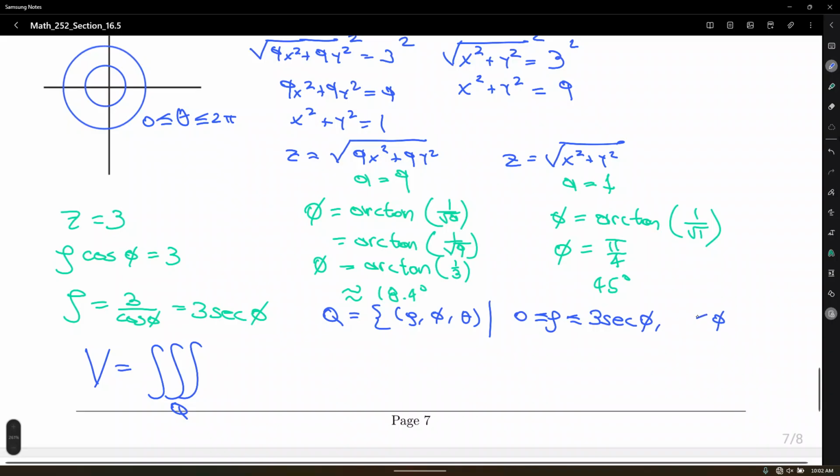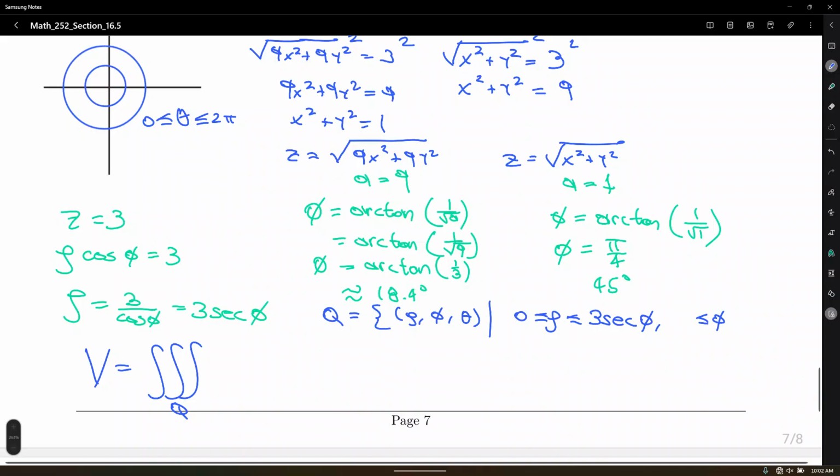Phi varies. Oh, careful. What's going to be the lower bound for phi, by the way? The pi over 4 or the arctan of 1/3? That's why I asked you guys to compute it in degree mode so you can easily see which one is the smallest, because if I just look at these two numbers, pi over 4 and arctangent of 1/3, it's not clear to me which number is the smallest of them, all right?